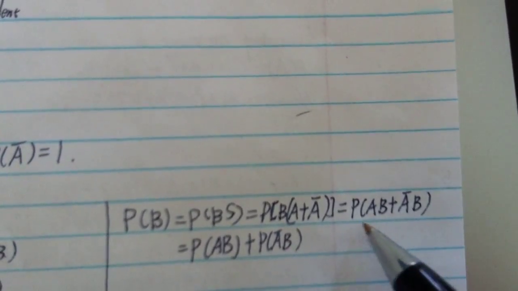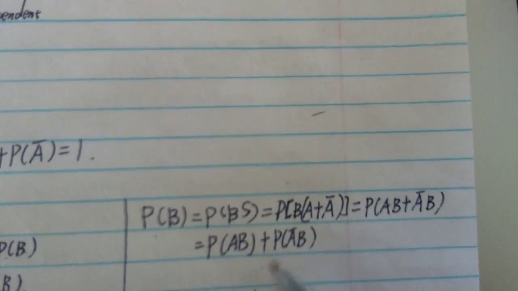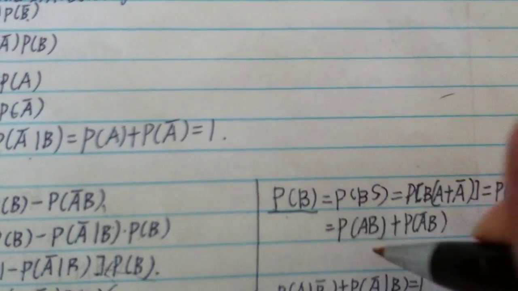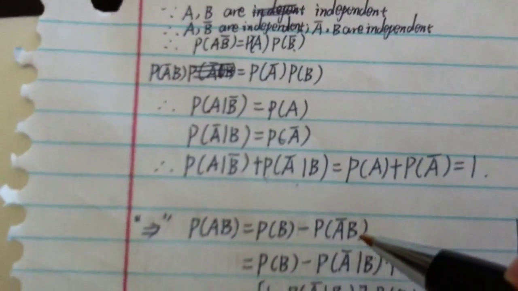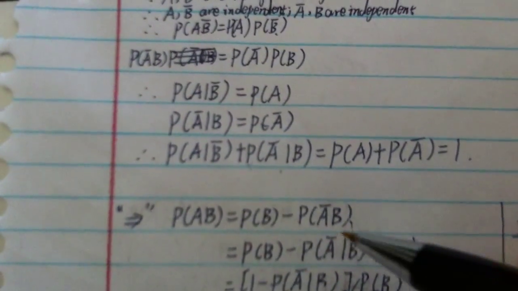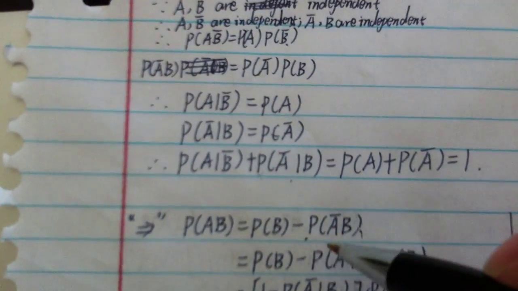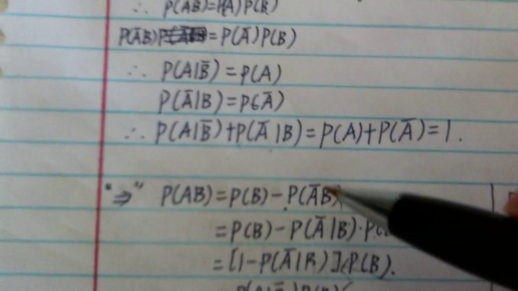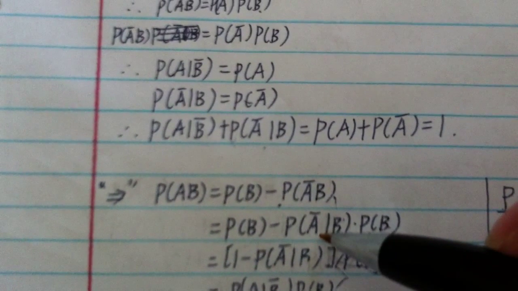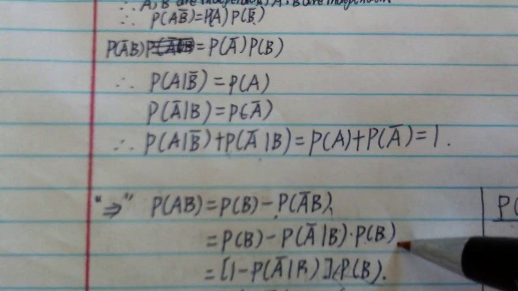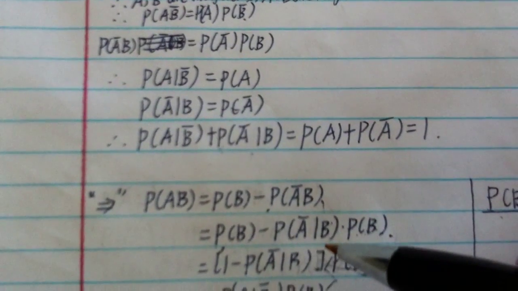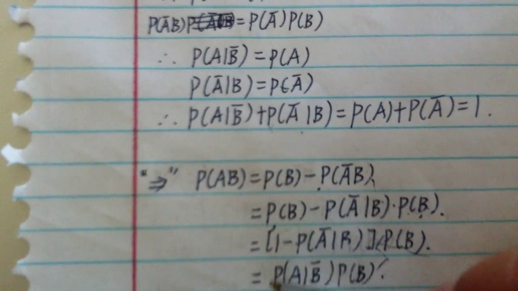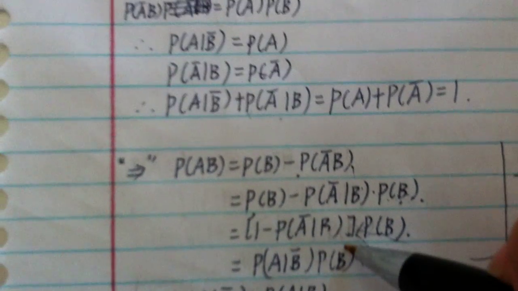Through the distribution, we can get the probability of B equals the probability of AB plus the probability of A naught B. And through this function, we can get the probability of AB equals the probability of B minus the probability of A naught B. And for the probability of A naught B, through the conditional probability, we get the probability of A naught B equals the probability of A naught assuming B times the probability of B. And they have the same probability of B. So we can take this together and get the function 1 minus the probability of A naught assuming B.